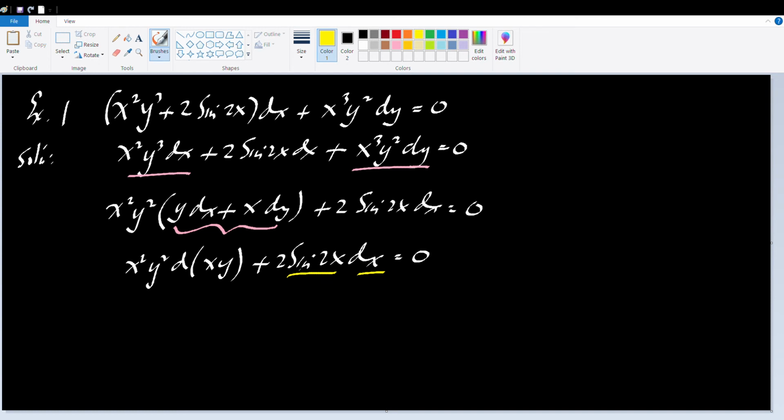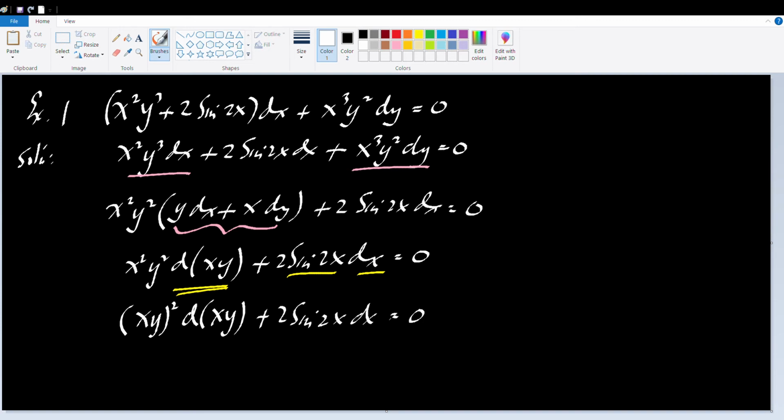For the first term, you have the differential of xy, and it appears with a power of xy. More precisely, we can write this as (xy) raised to the power of 2 times the differential of xy plus 2 sine of 2x dx equal to 0.